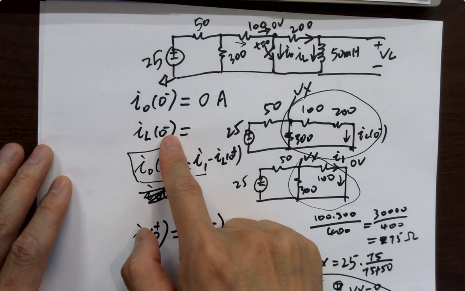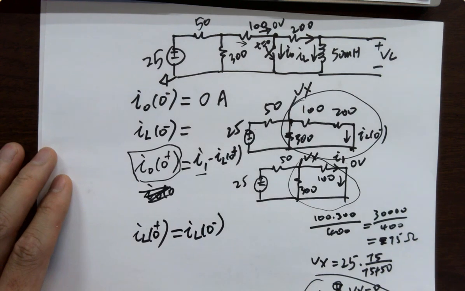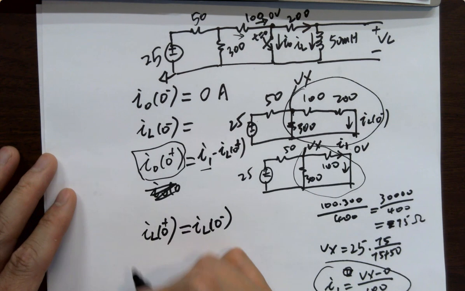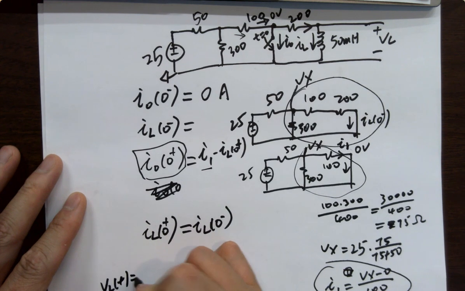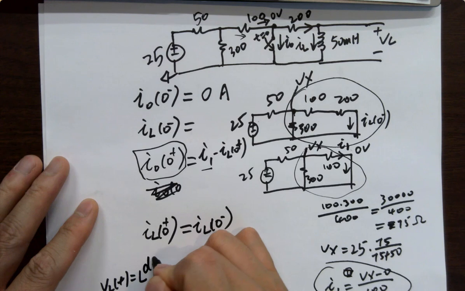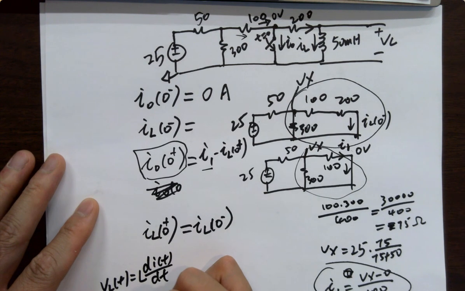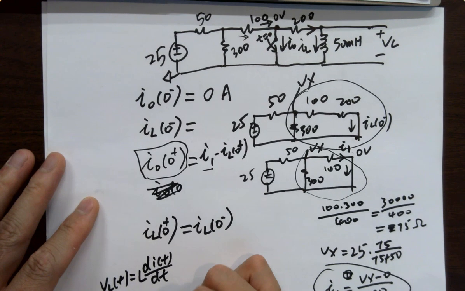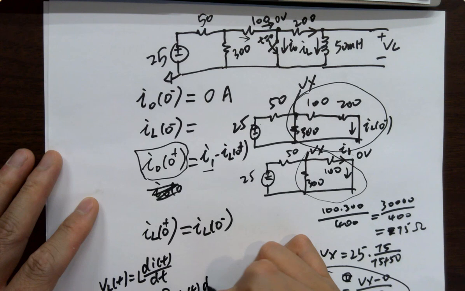Why? Because we know VL(t) equals L di(t)/dt. So i(t) equals 1 over L integral of VL(t) dt.